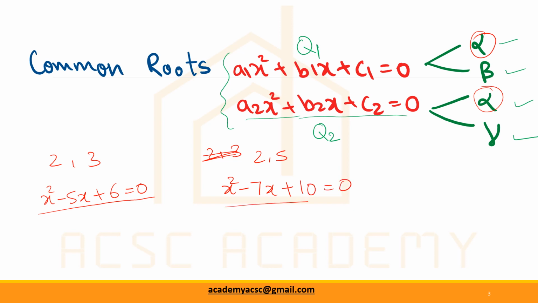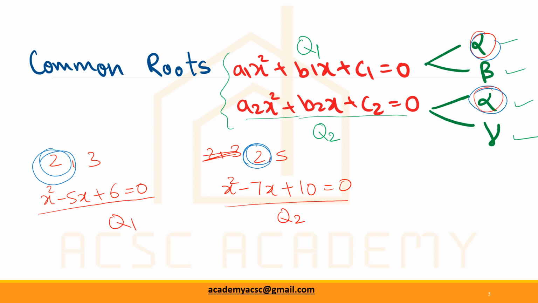So here we have two different quadratics, Q1 and Q2, which share one common root, which is 2. In general, we have taken two quadratics Q1 and Q2 having the roots alpha, beta and alpha, gamma. So alpha is the common root.